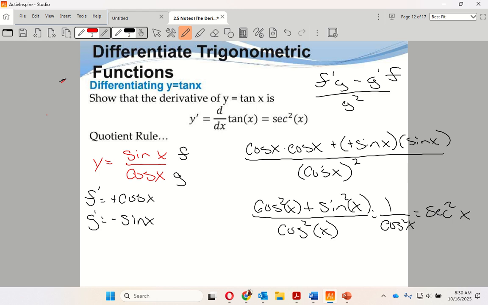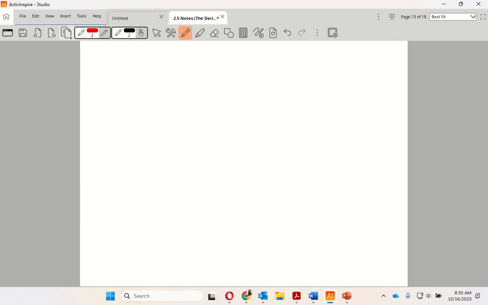So I could do the same thing and say, hey, what's the derivative of secant? What do we say secant is? 1 over cosine. So if I say y is equal to 1 over cosine x, which is the same as secant, this is going to be my quotient rule. That would be f, and that would be g. F prime is 0. G prime is negative sine.